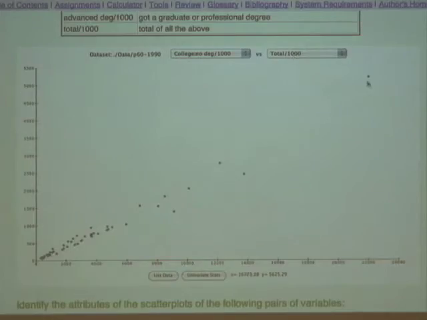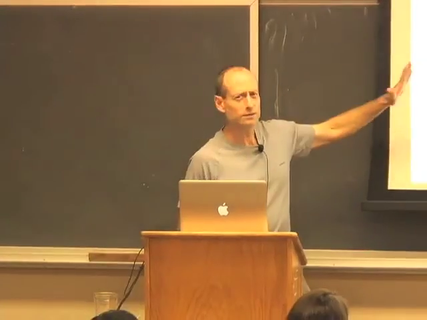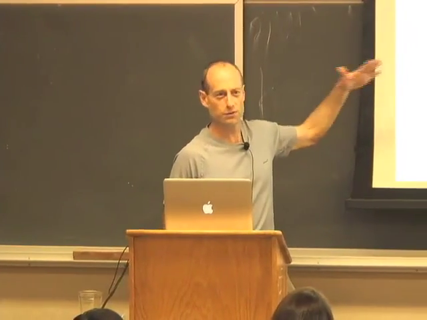So, who's that? These are, so there's, how many points are here? 51, right? 50 states plus District of Columbia.